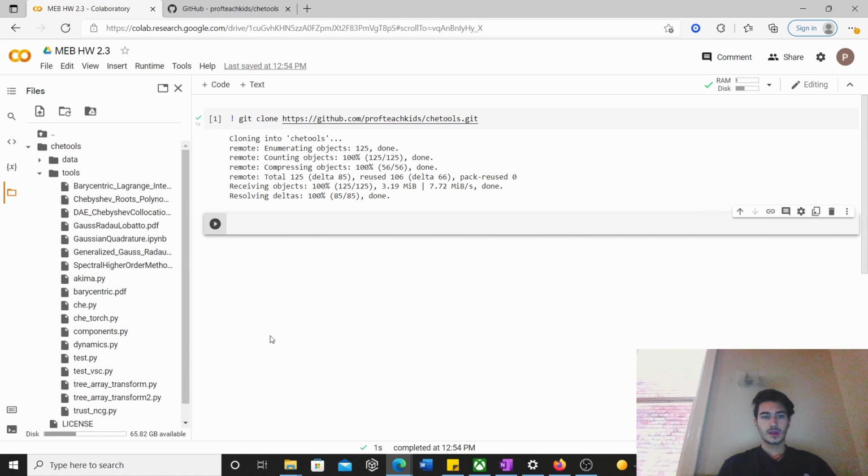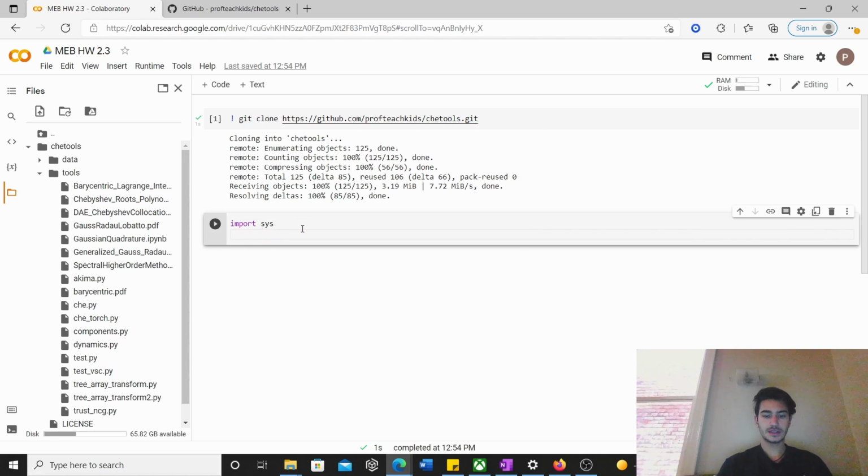Cool. Now that we have this in here, we want to make sure that we have a path to access this stuff, because we want to import it later on. So we're going to do some more nitty-gritty stuff: import sys, and then sys.path.insert, open parentheses, an apostrophe, and what we want is content, CHE tools.